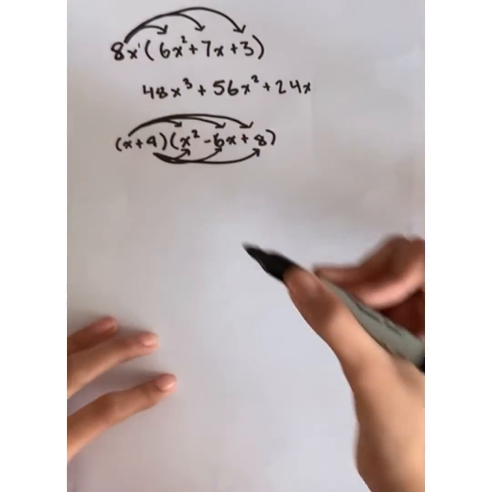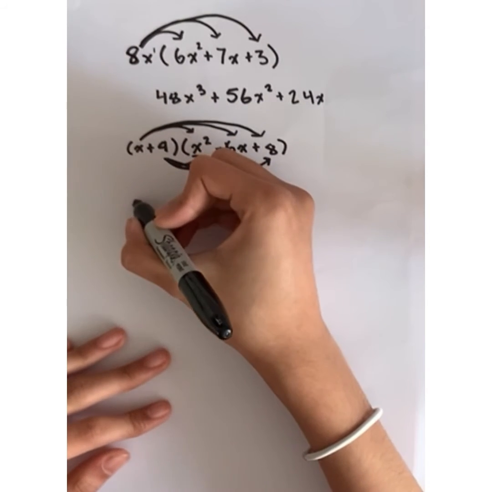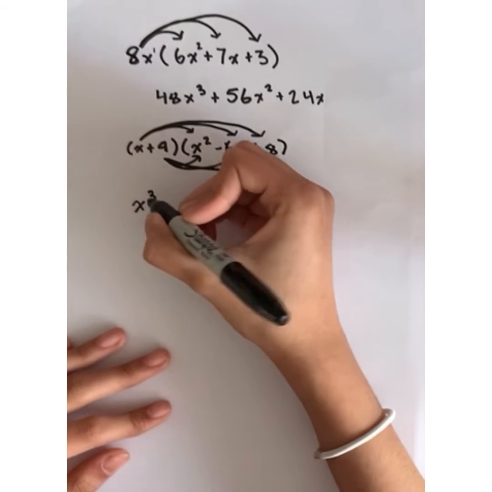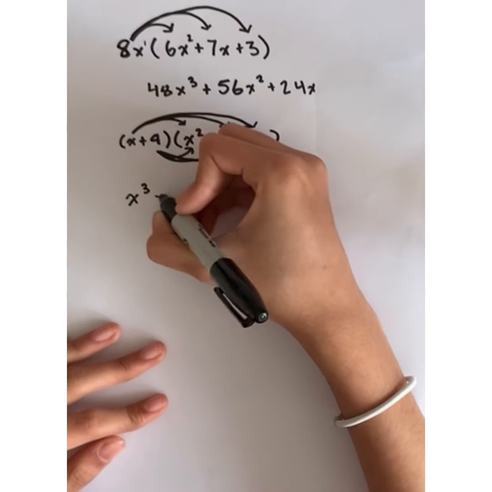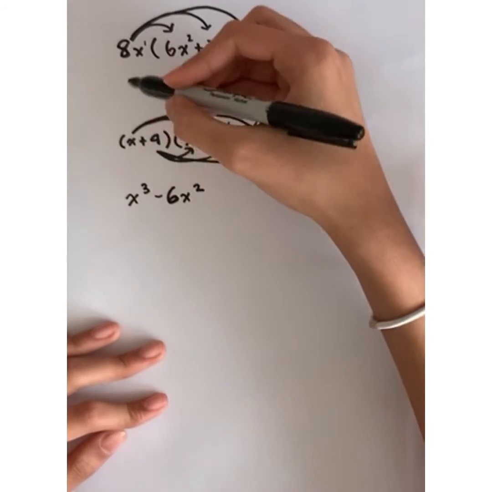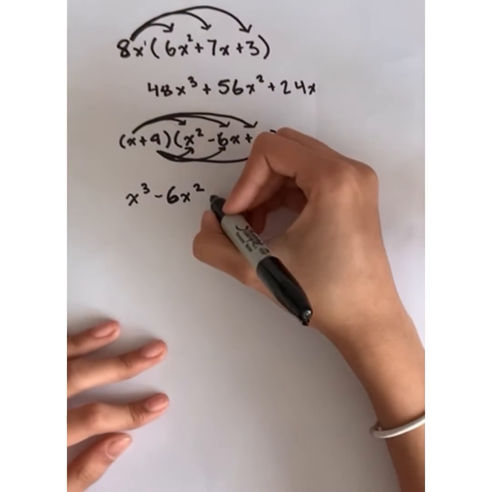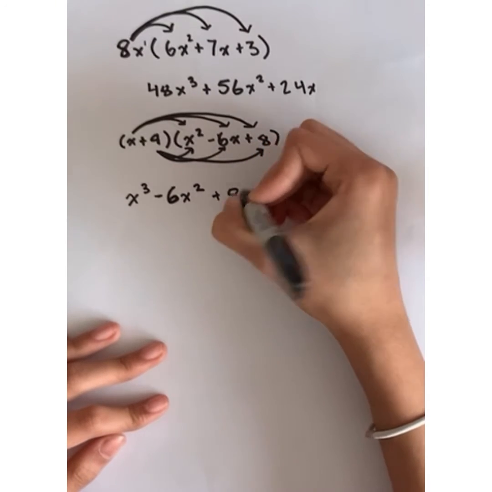So now let's solve this together. X times x squared equals x cubed. X times negative 6x equals negative 6x squared. And x times 8 equals just a lonely little 8x. And just keep it going.